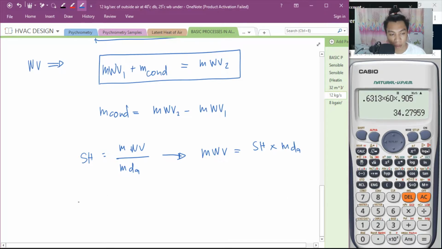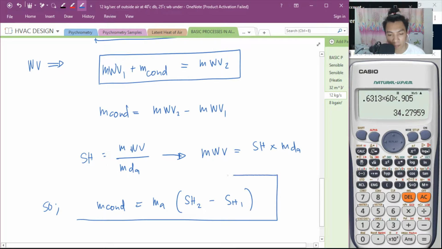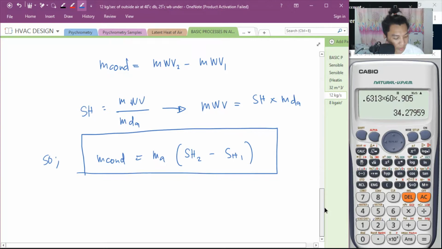Okay. So, here, yung mass ni condensate is simply equal to mass ni air times SH2 minus SH1. We have arrived with this. Okay? Ayan yung analysis natin.